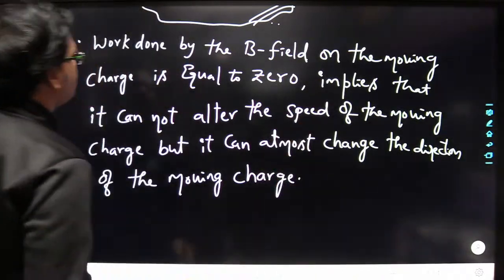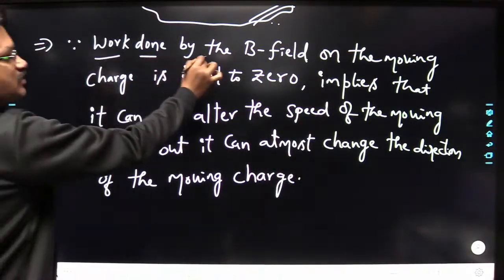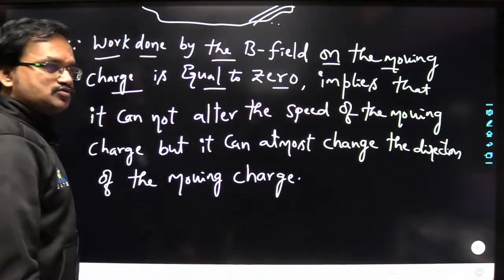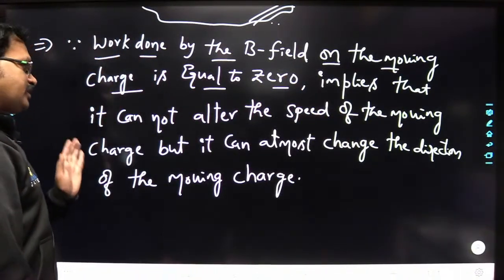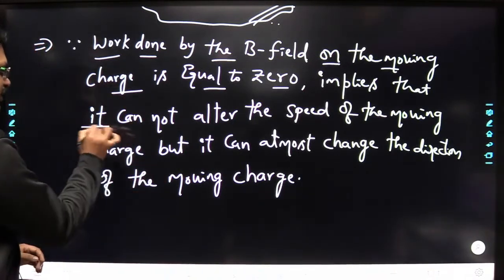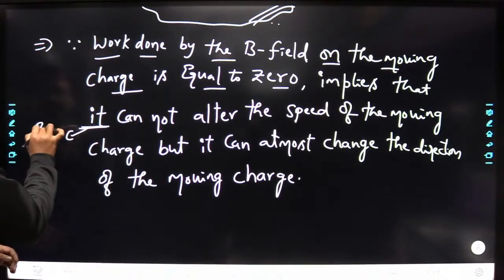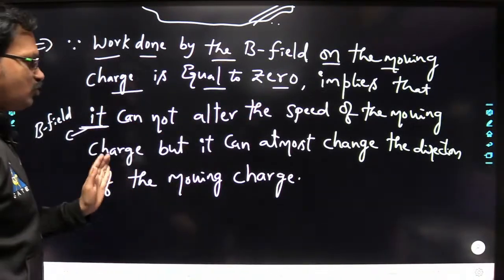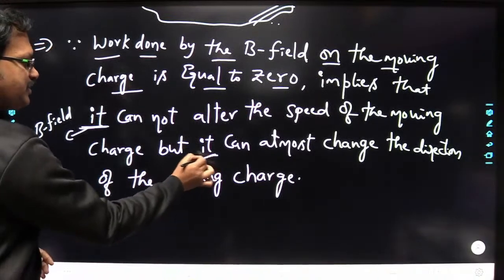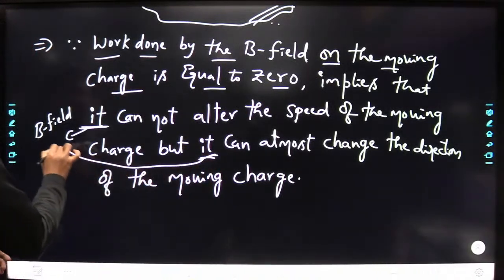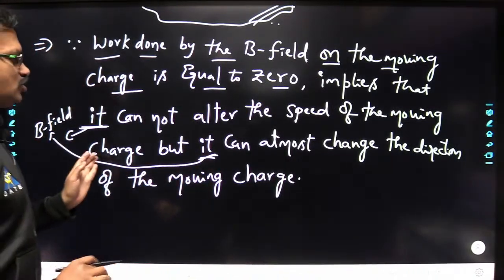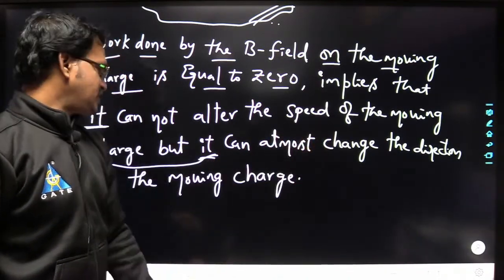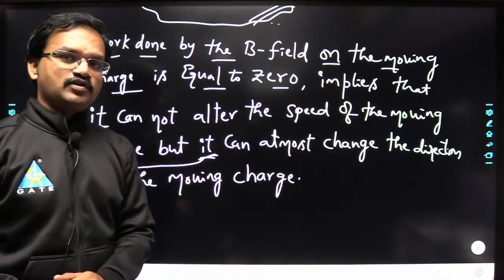Since the work done by the B field on the moving charge is equal to 0, it cannot alter the speed of the moving charge. Here 'it' means the B field. But the B field can at most change the direction of the moving charge. So how is it changing the direction of the moving charge?